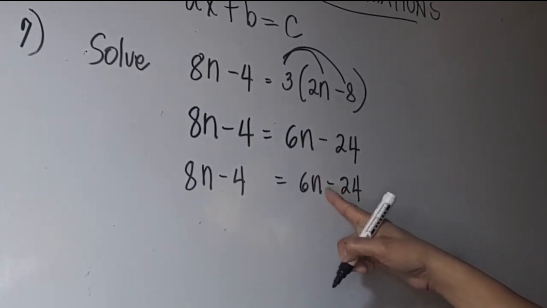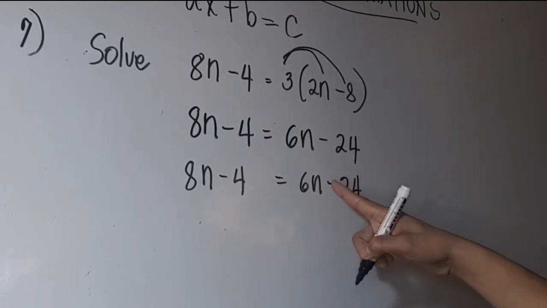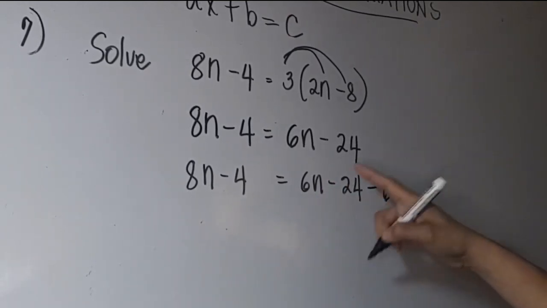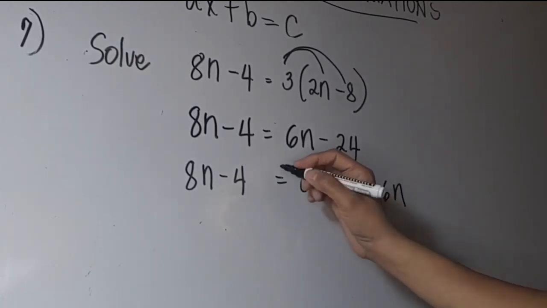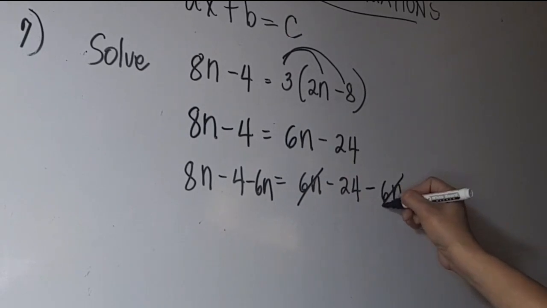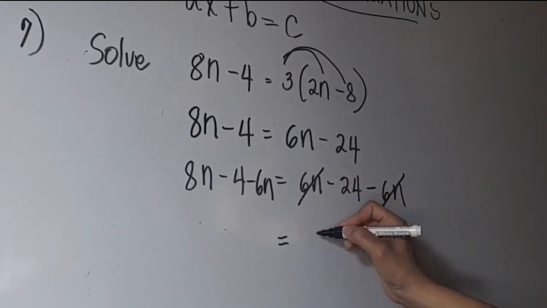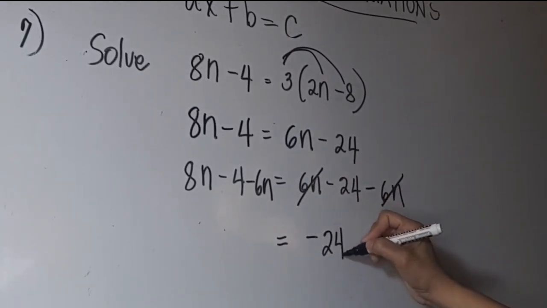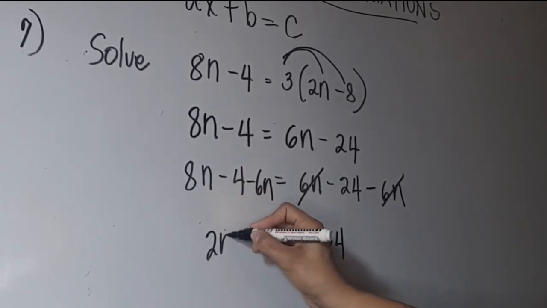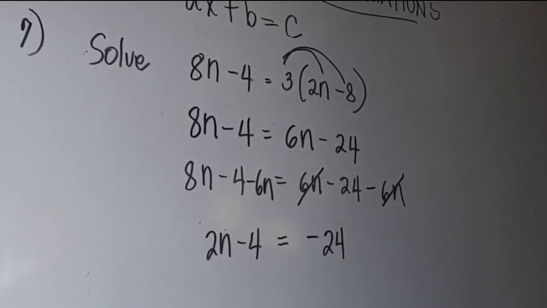This is addition, so we are going to subtract 6n, because it is positive 6n. Subtract 6n also. So 6n minus 6n is cancelled. So negative 24. 8n minus 6n is 2n minus 4.